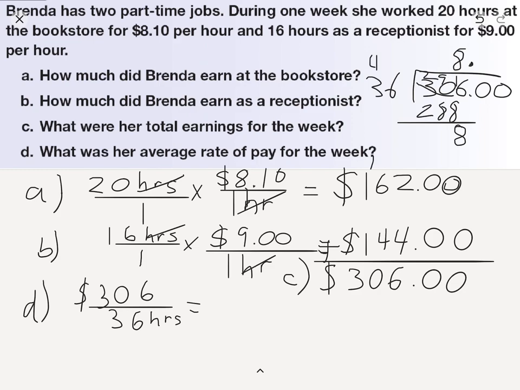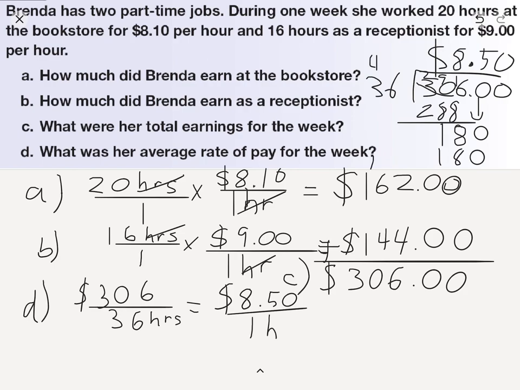Then I'm going to bring down my 1. Bring down my 0. And I can think that, hey, 18 is half of 36. So that's just 5. So $8.50. I can just add my 0 at the end since we are talking about money. And so our answer would be her average rate of pay would be $8.50 for 1 hour.